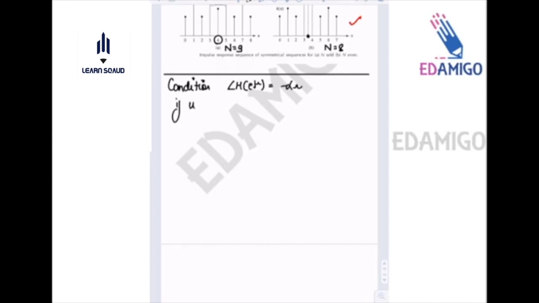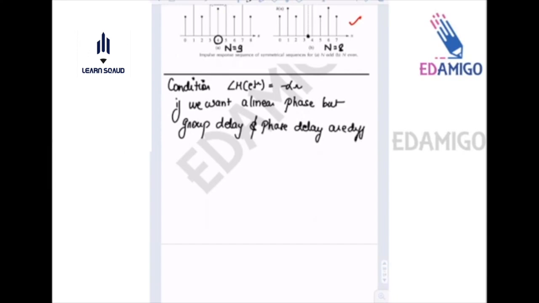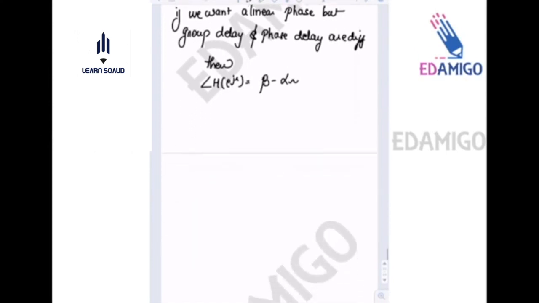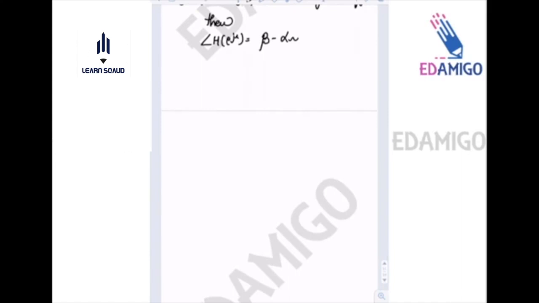But if we want a linear phase where group delay and phase delay are different, then let us take the phase as beta minus alpha σ. So here the group delay and phase delay will not come out to be the same.